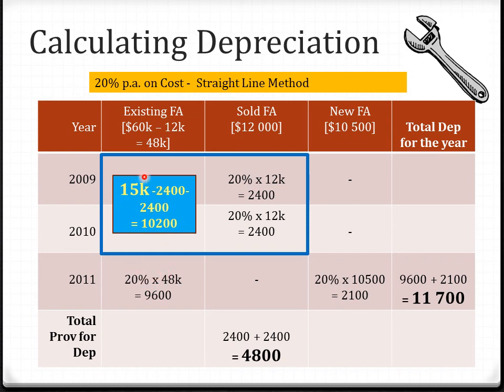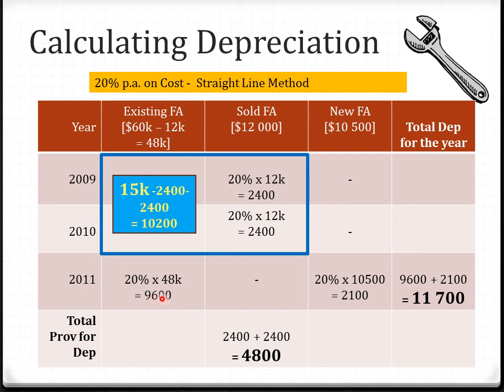So I just have to find this 48K, then take 20% times 48K. Now if it was a reducing balance method question, then I would have to take 48K minus 10,200, then multiply by 20%. But in this question, no need. But if it is a reducing balance method, you know how you should find it.